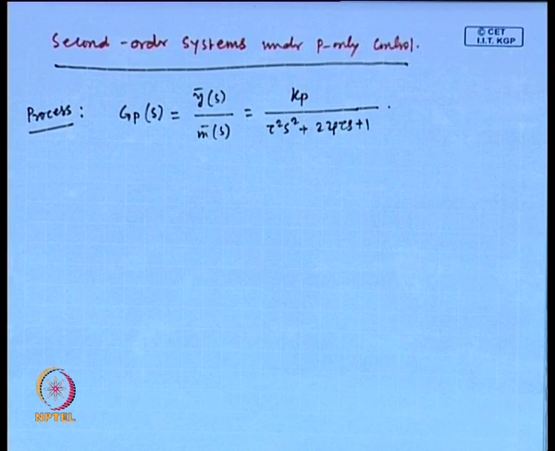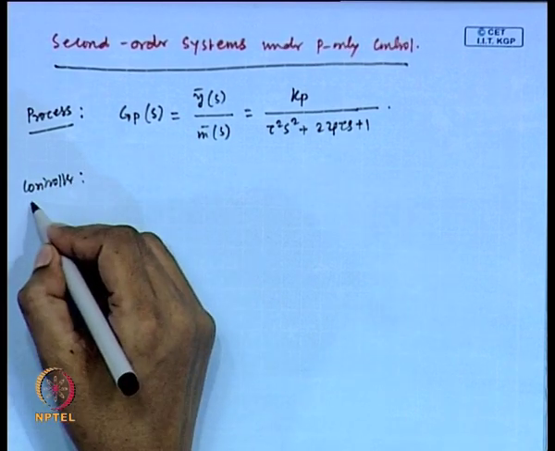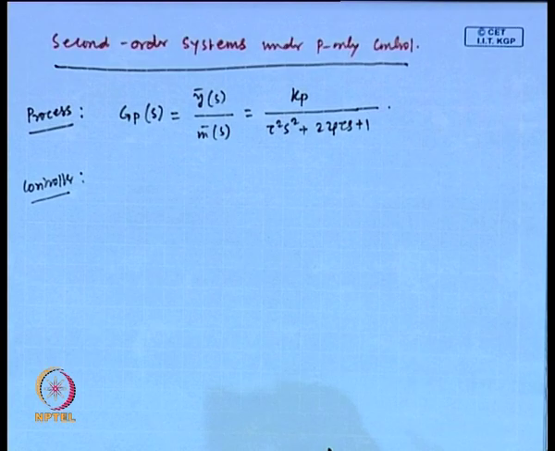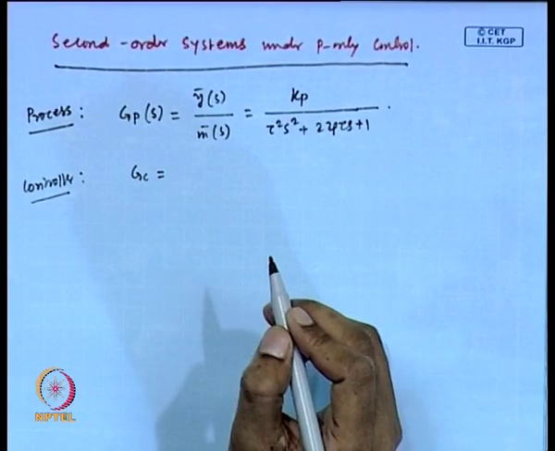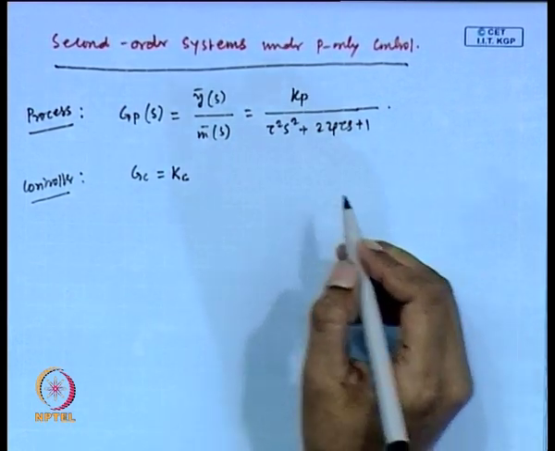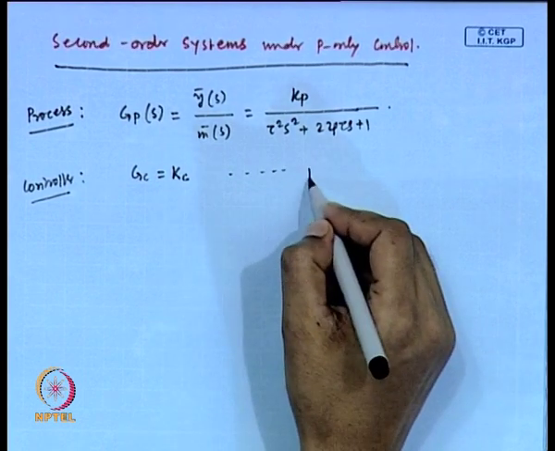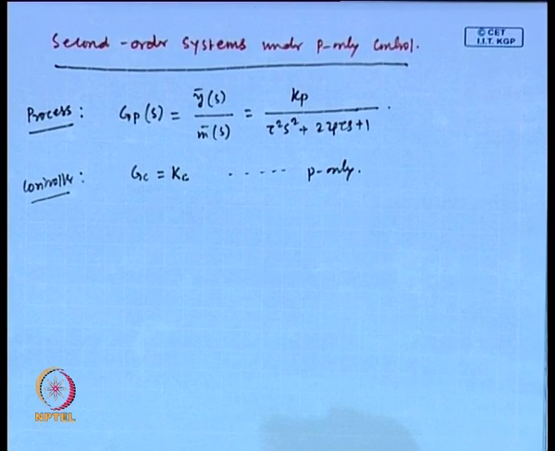This is the transfer function of a second order process. Next element is the controller, and the controller is P only controller. So, the transfer function can be written as Gc equals Kc. This is the transfer function of P only controller.